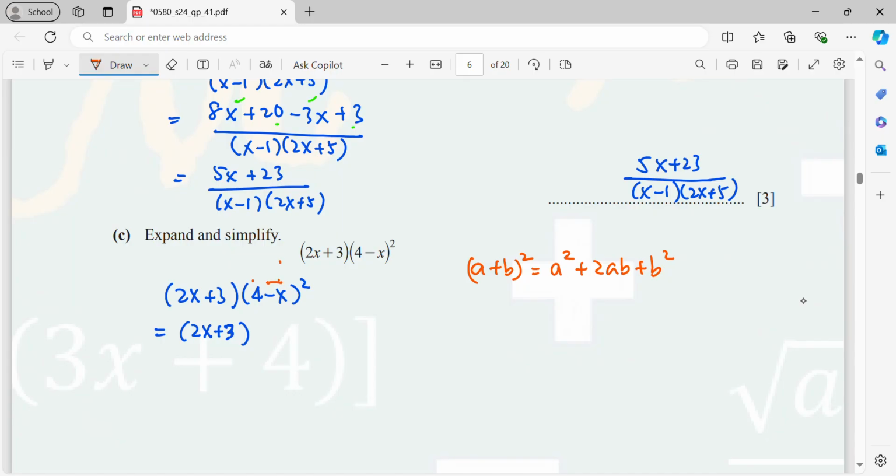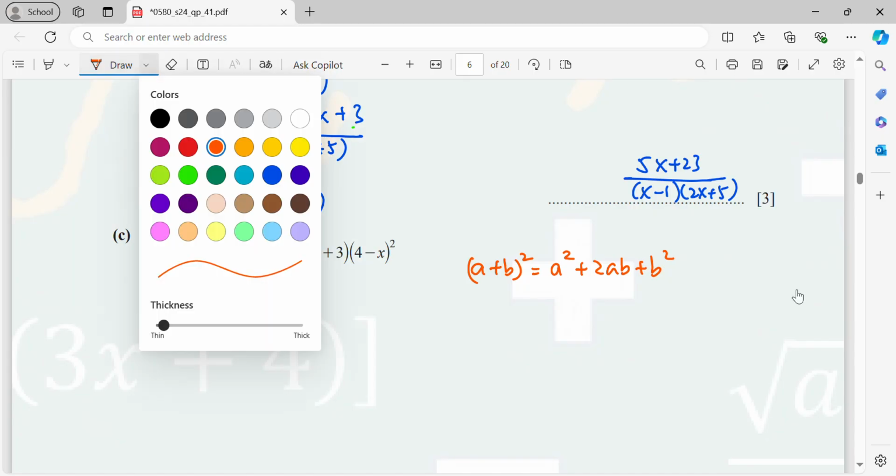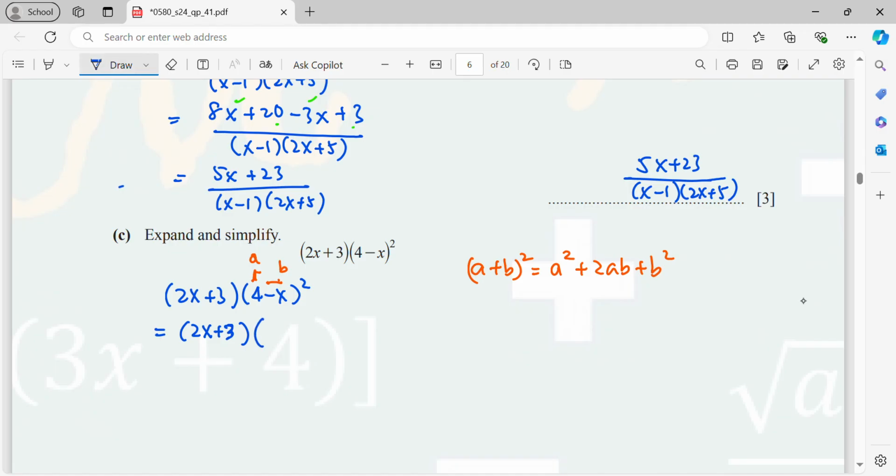Now it will be the square of 4, I get 16, plus 2ab. Since here is minus, just write the minus there. 4 times x times 2, that is 8x. And always plus b squared, so you square the x, it becomes x squared.